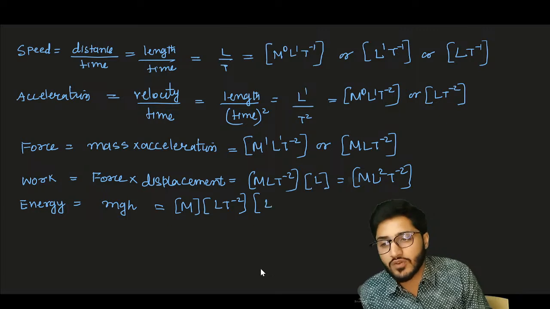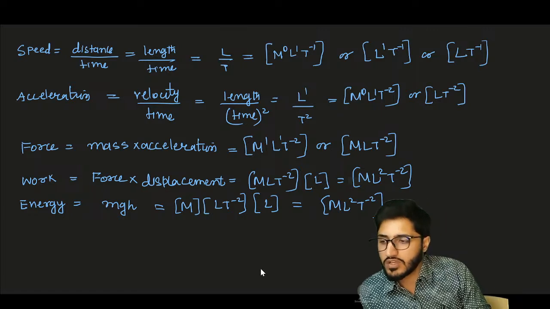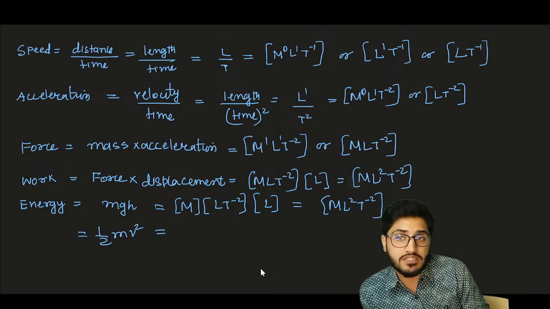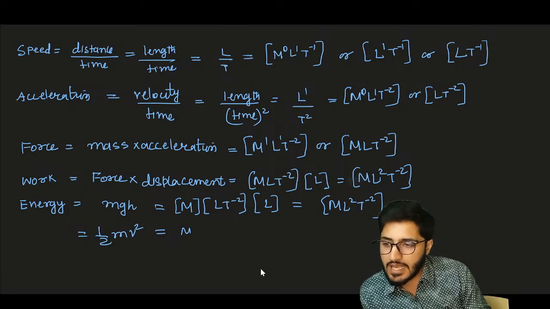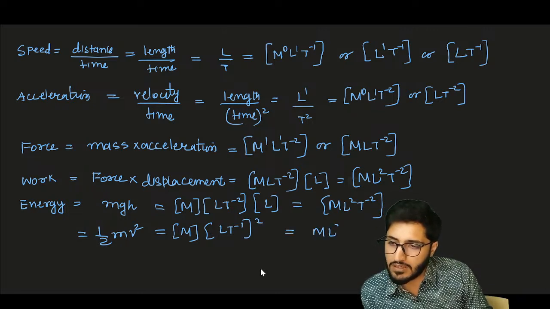H is length, so it is L. So it becomes ML2T minus 2. Also kinetic one, 1 by 2 mv square. 1 by 2 is dimensionless because it's a constant term. So mass is M. What is v? V is LT minus 1, and whole square. So I can write it as ML2T minus 2.